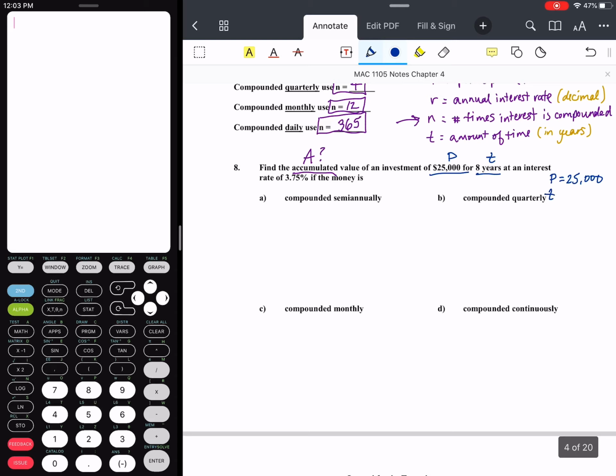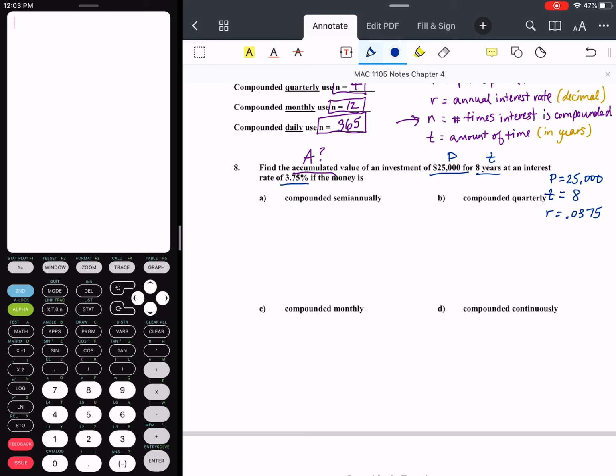So T equals 8, at an interest rate of 3.75%. So our interest rate r, as a decimal, is 0.0375. Remember, use that or move that decimal 2 places to the left, 0.0375.